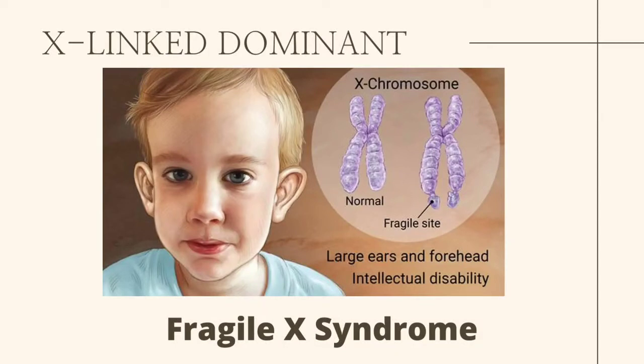Halimbawa, 17 years old na tong Fragile X syndrome patient natin, but still hindi pa rin siya marunong magbasa or hindi pa rin siya marunong magsulat. Okay, so that is Fragile X syndrome. Kapag merong delay in the cognitive state or cognitive ability ng isang individual.